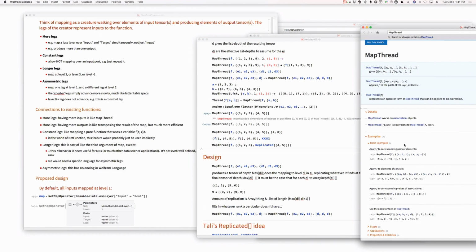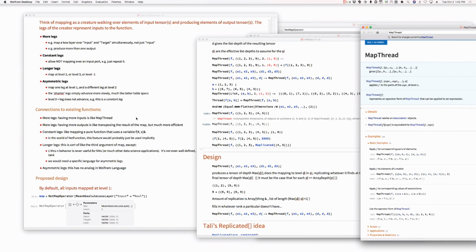This seems much more like a map thread, because this type of control, this sort of multi-legged behavior, is really not a map kind of thing. Yeah. Is that what this operator is doing? It is, yeah. There are some little details that are quite unique to neural networks.